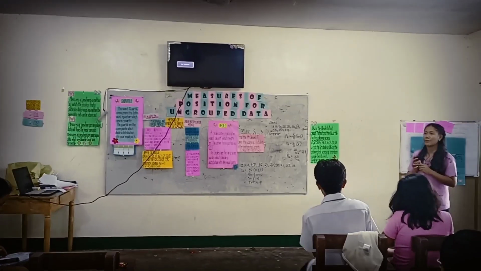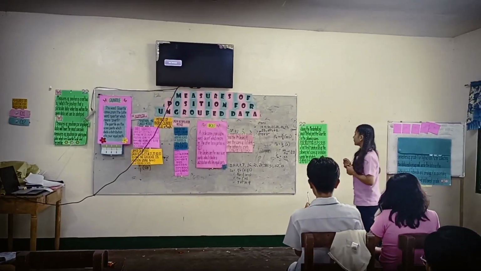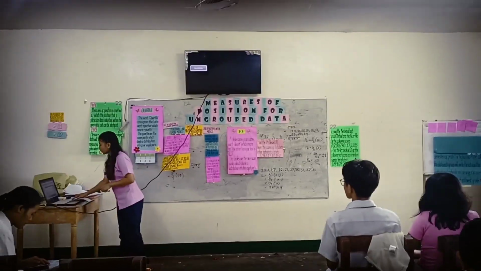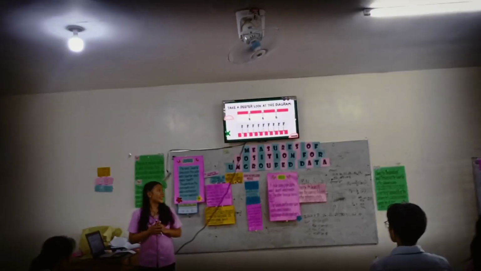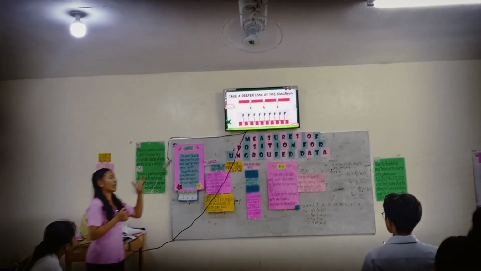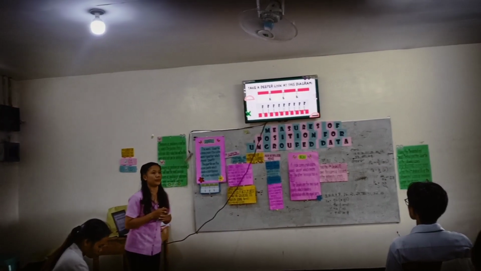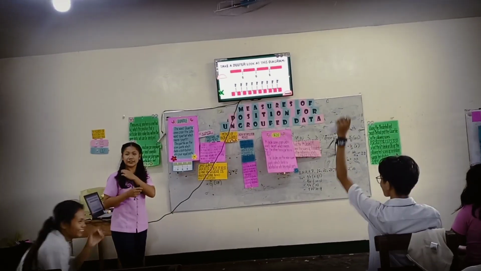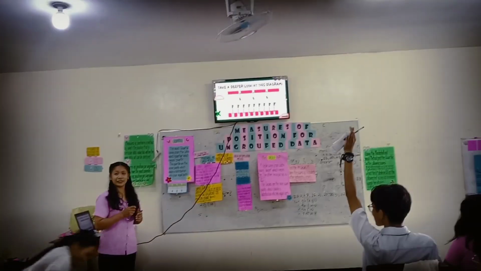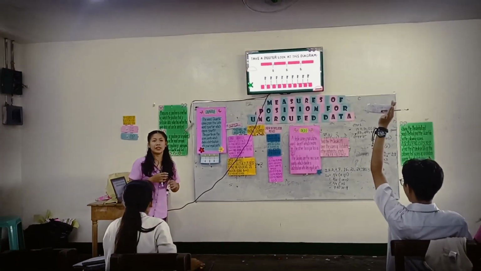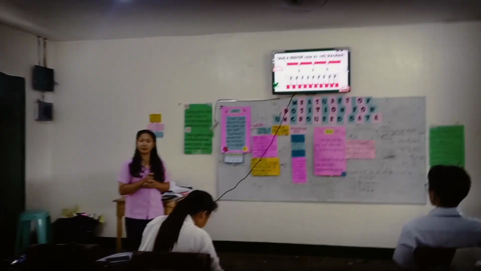Did you get the same answer, class? Yes, ma'am. So let's proceed. Take a deeper look at this diagram, class. What can you observe in this diagram? Anyone? Any other hand? Yes, Miss Ramos?